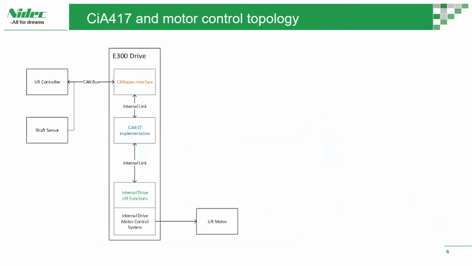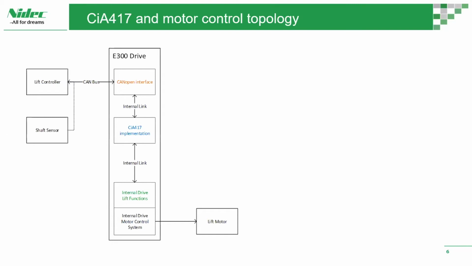Now, it's important to highlight in this whole presentation and this whole scenario that ultimately the drive will always be a slave of the lift controller. So in this relationship, the lift controller is the master, is the one that ultimately decides how the lift will operate, and the drive, the slave, will follow and deliver that travel, deliver that movement to the motor in the system.